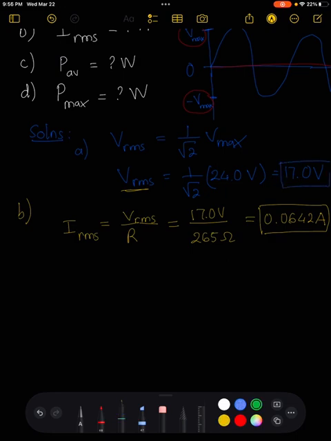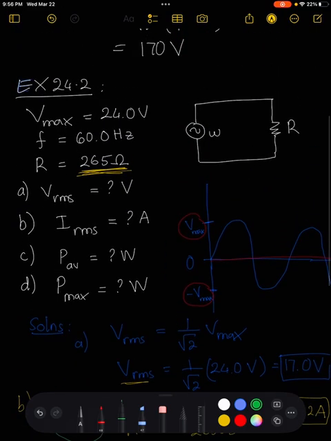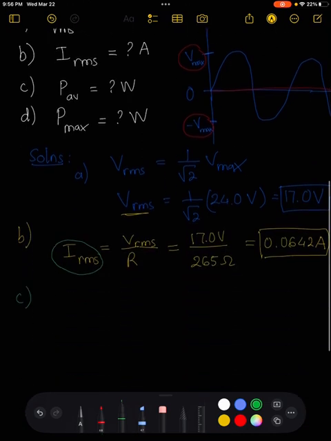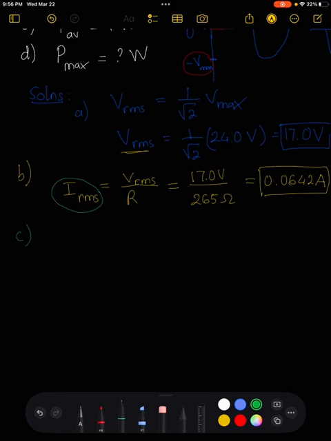Okay, do green for part C. Okay, so part C, what would be your average power? So the root mean square current gives us the information about the mean of the current in this AC circuit right here. So to find the average power, we use this formula, right?